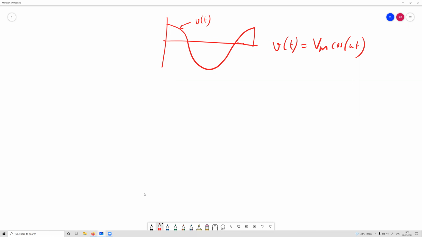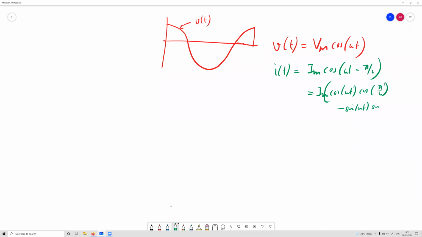The current would lag by 90 degrees. So it is equal to Im, the exact value of Im is not so important in this case, cos of omega t minus pi by 2. That is Im cos omega t cos pi by 2 plus sine omega t sine pi by 2, plus because cos of a minus b.